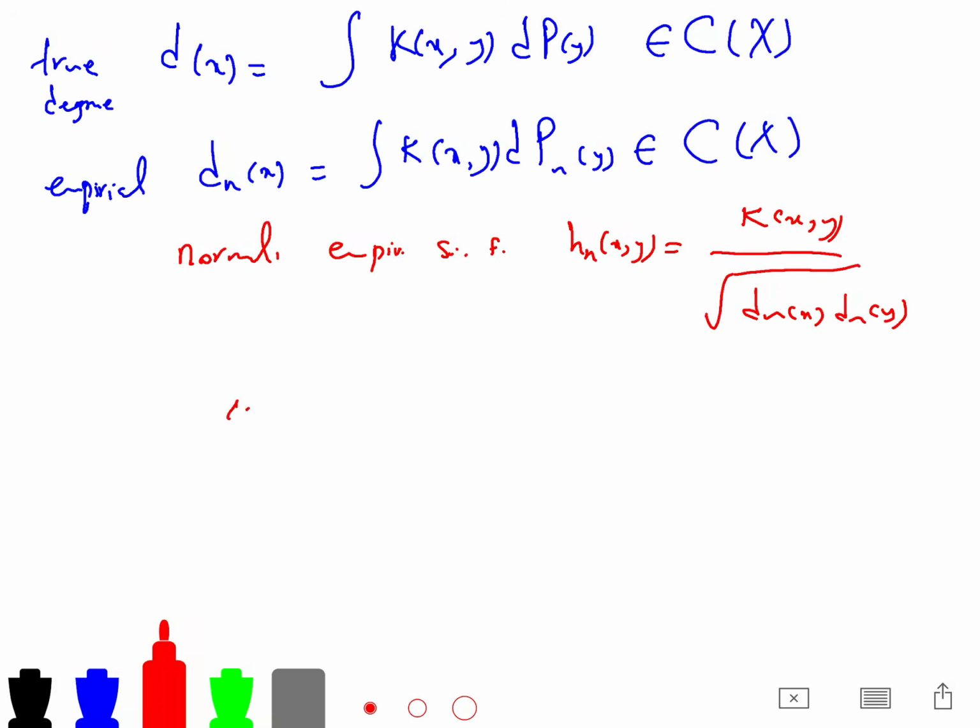And the same is true for the true similarity function, which is k of x and y divided by the square root of d of x, d of y.